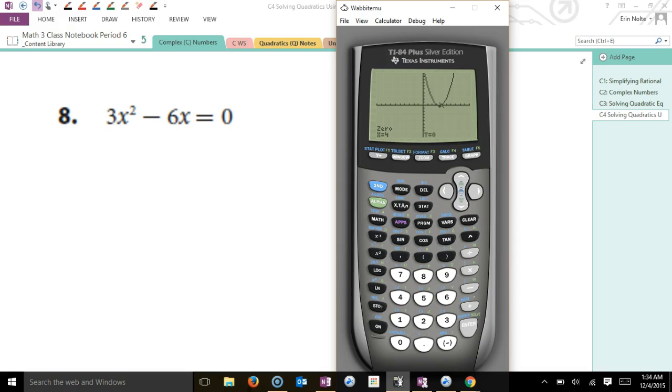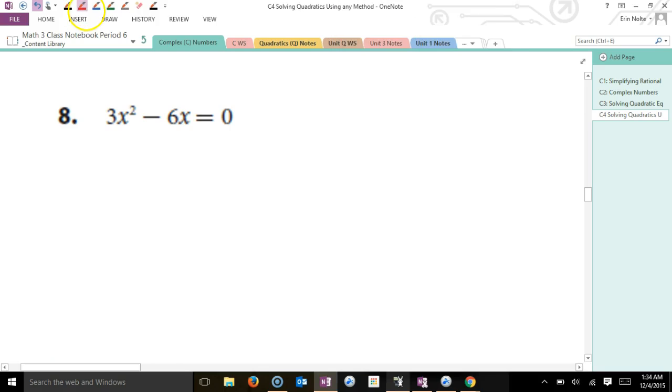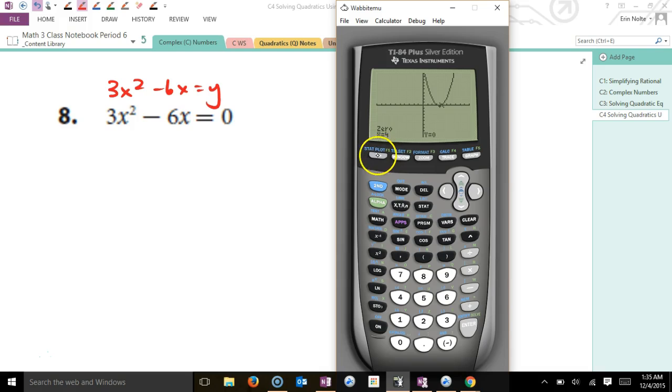Okay, so the first thing that I want to do is type this equation into the calculator. The idea is that I'm doing 3x squared minus 6x is equal to y. So I'm going to hit y equals, clear out what was there previously, and type in 3x squared minus 6x.